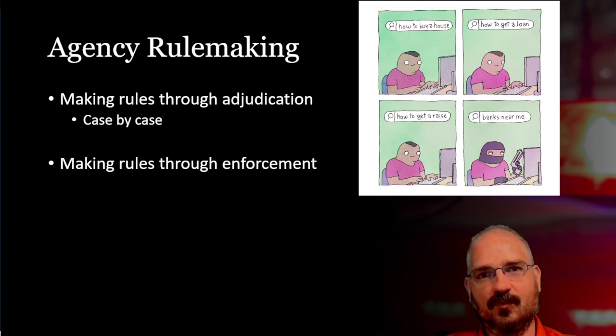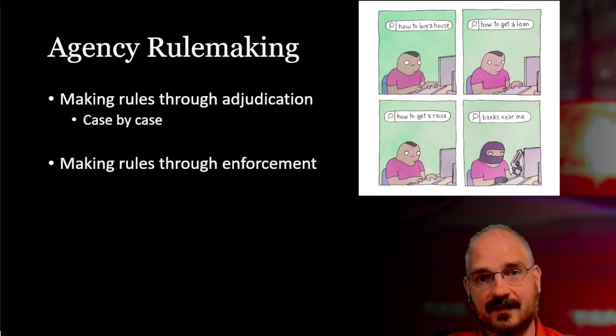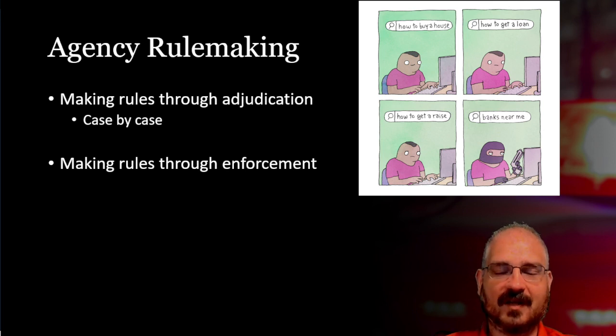And then, of course, there's making rules through enforcement, right? Whether an organization or an agency chooses to enforce things or not might not have much of an effect on formal rules, but it definitely has an impact on how those rules are interpreted by the groups and organizations and individuals that those rules are supposed to apply to.